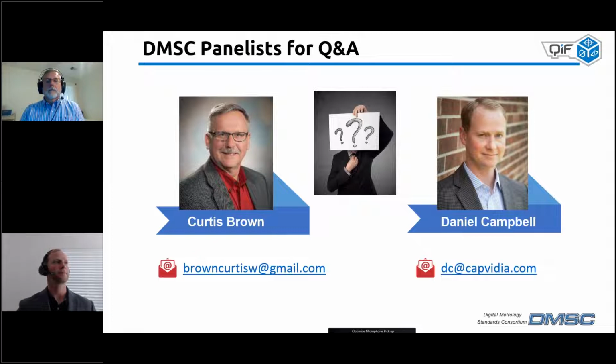All right, so the next question is, does the measurement execution have to use DMS 5.3? What if the metrology software being used to drive a CMM does not support DMS 5.3? Yeah, I would say it's a good question.